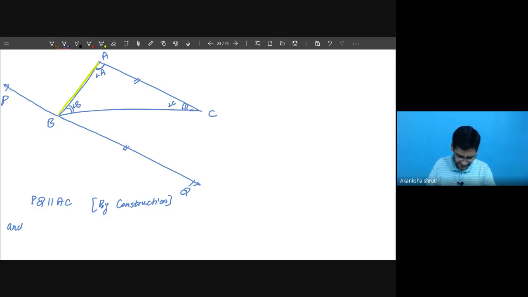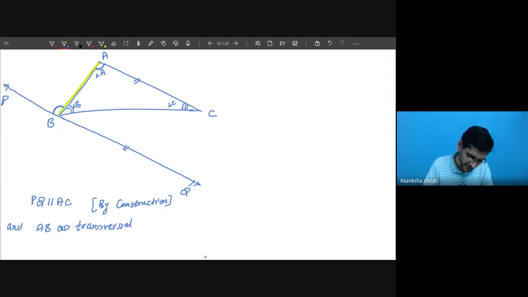Student, now we have to take this as the transversal. So while taking this AB as transversal, what can we write? What is the property of a parallel line and transversal? In that case, the alternate interior angles are equal or corresponding angles are equal. Here, whatever this angle A is, it will be the same as this one.